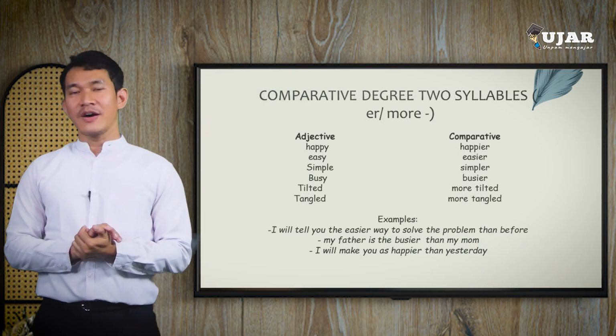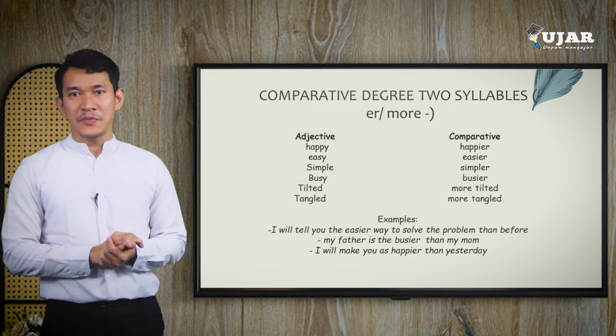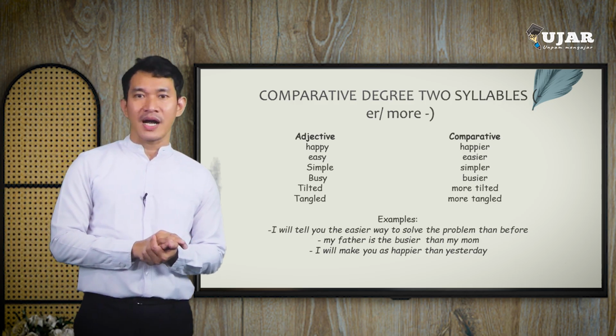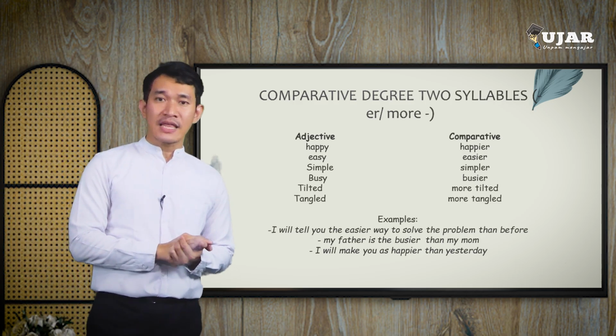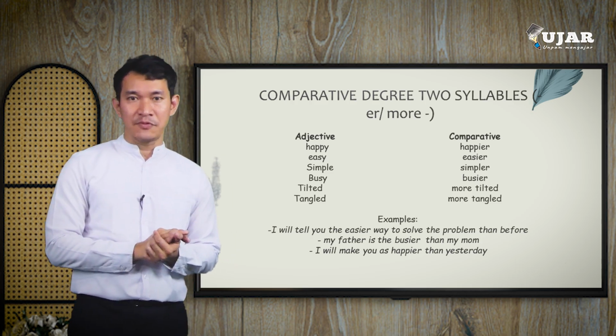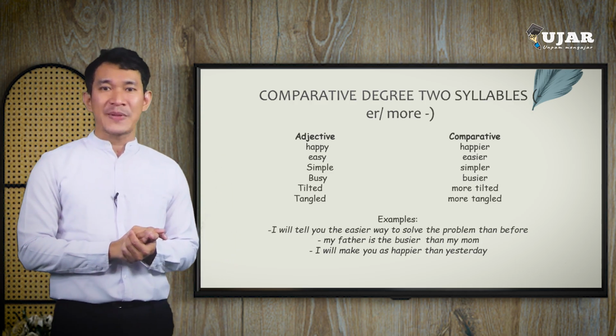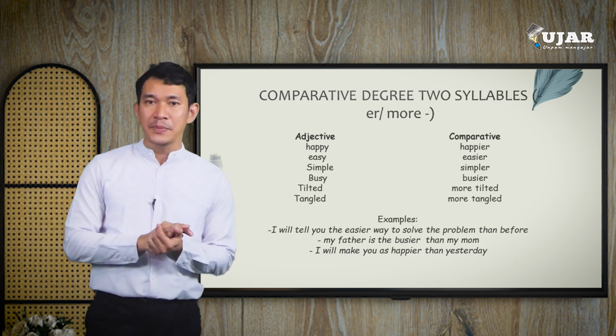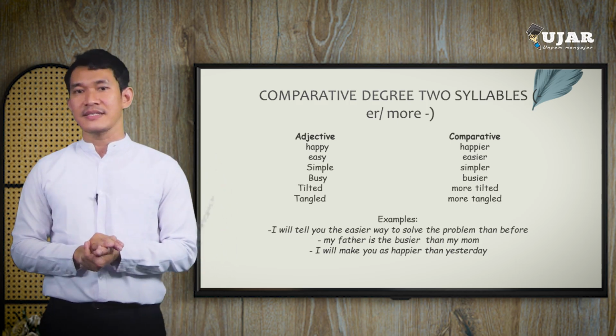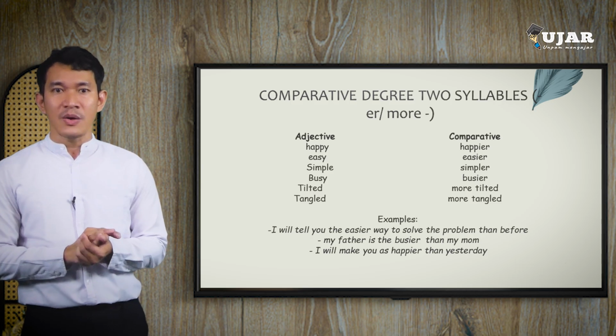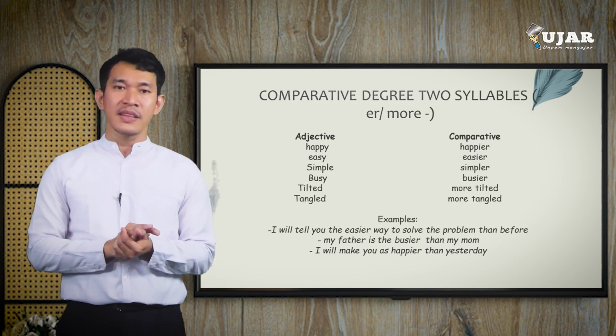The second type of comparative degree is the comparative degree of two syllables, with -er or more. Adjectives with two syllables can form the comparative either by adding -er or by preceding the adjective with "more". In many cases, both forms are used, although one will be more common than the other.